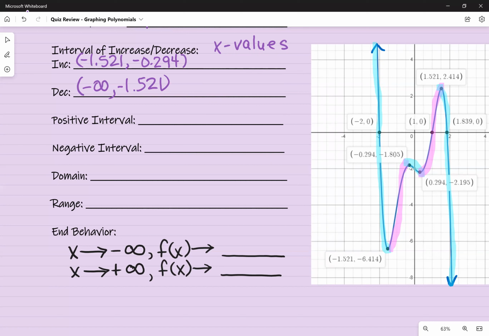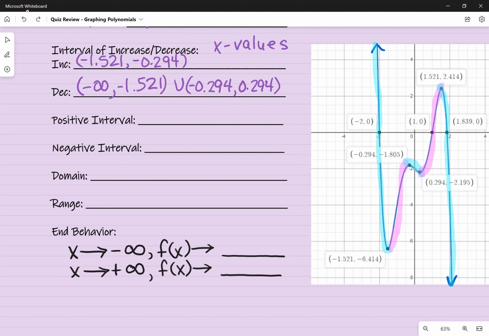When I have multiple intervals, I'm going to use a union sign. All right, so now I go from that same number, negative 0.294, and I go to positive 0.294. So from here to here, I went down.